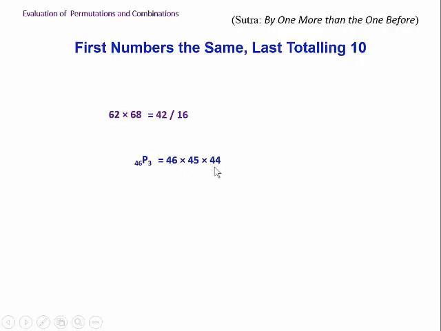So we can multiply those. 4 times 5, the next number after 4 is 5, is 20, and 6 times 4 is 24, and we've still got the 45. Because 45 obviously ends in 5, I'm going to double that and halve this one to get this product, which is the same, and then it's easy to multiply this by 9 and put the 0 on.